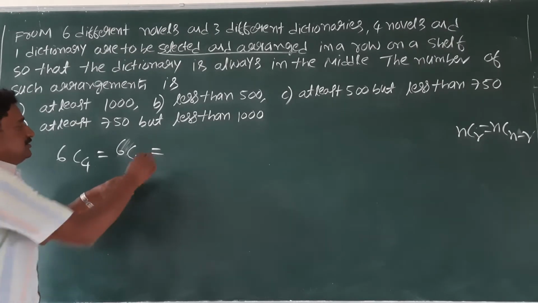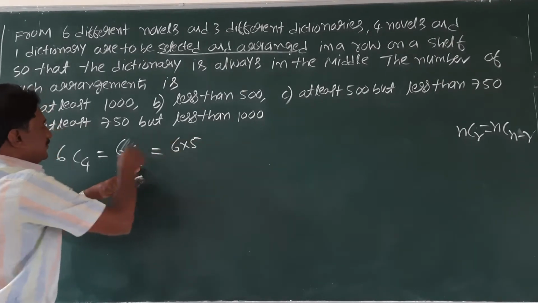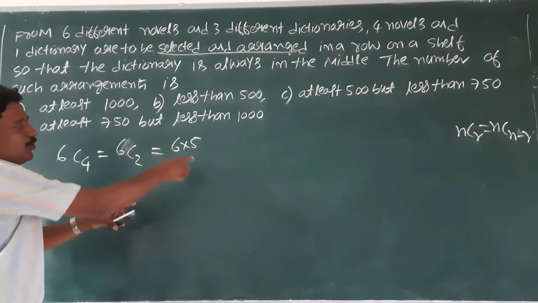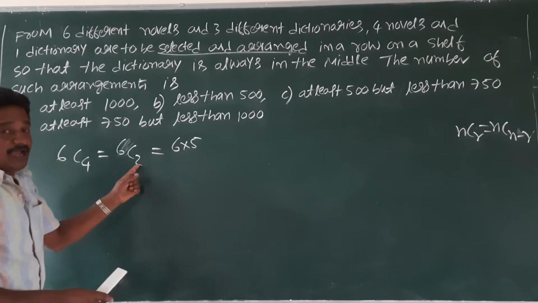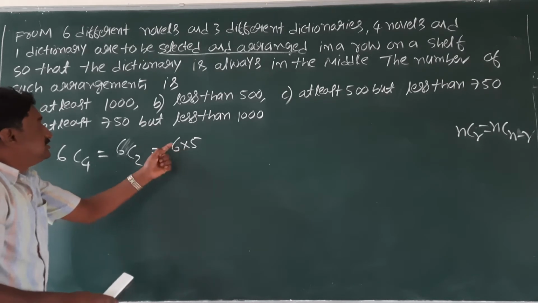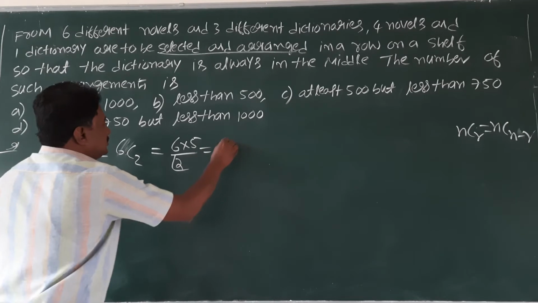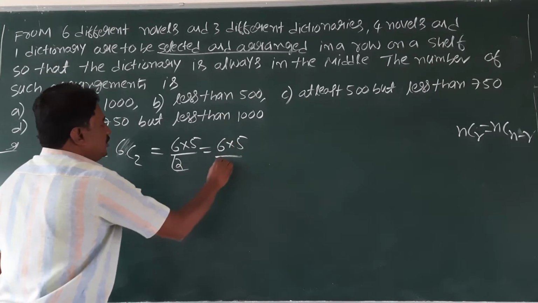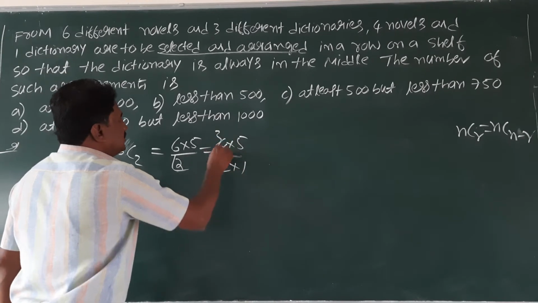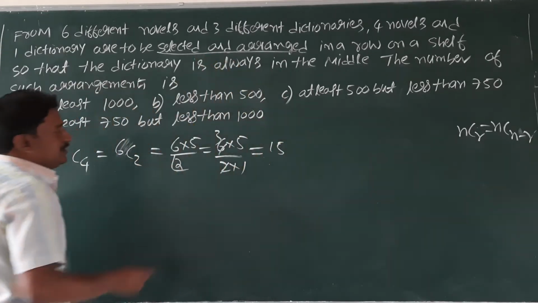Here we have 2, so take 2 factors: 6 into 5 by 2 factorial. 2 factorial is 2 into 1. 2 3s are 6, 5 3s are 15.